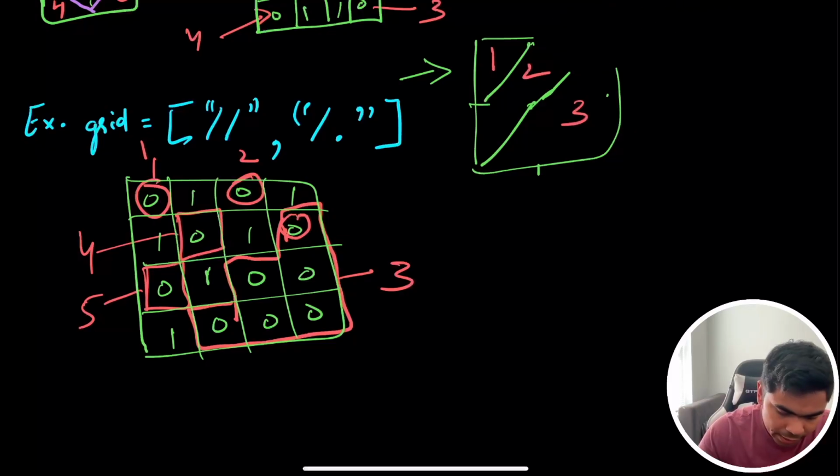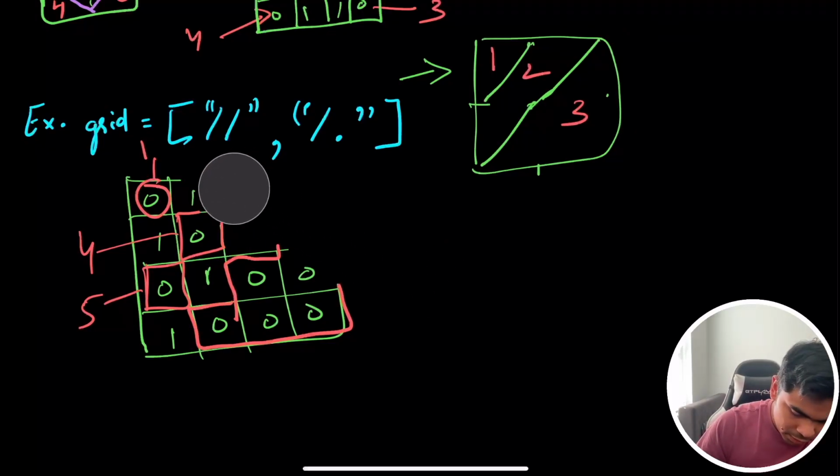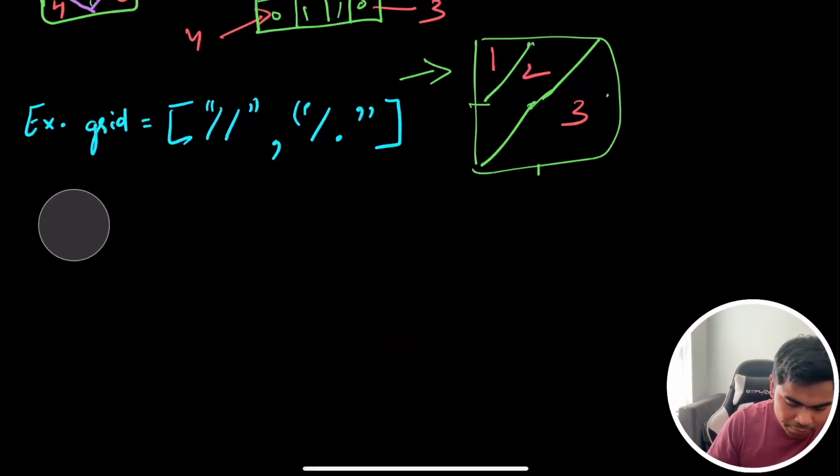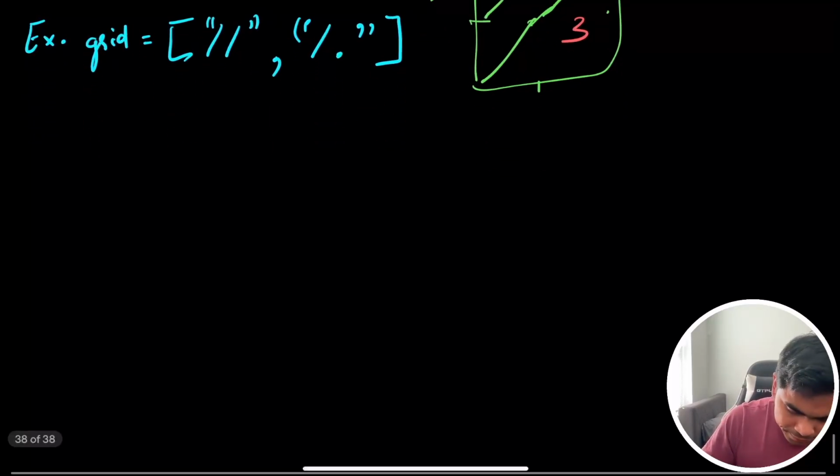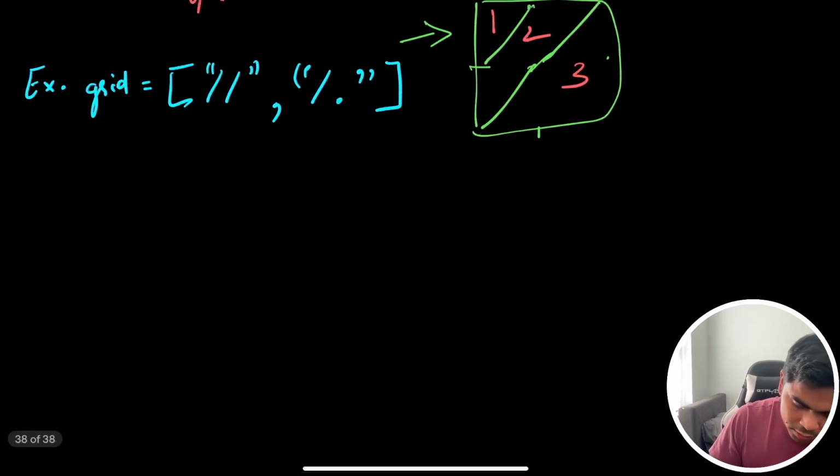So what I mean by that is, instead of this grid, we will use 3x3. So what do I mean by that? So what we'll do is I'm just going to remove this.